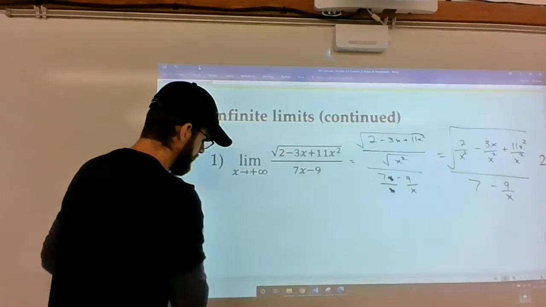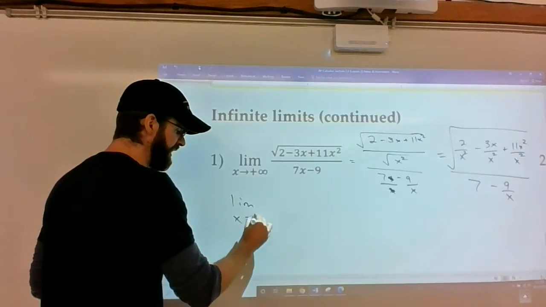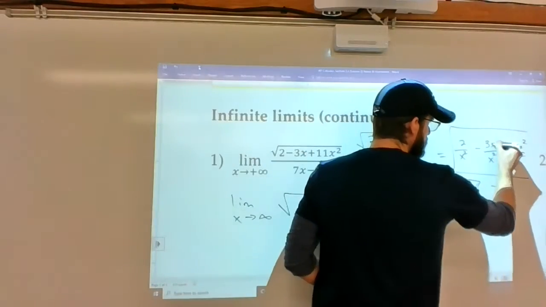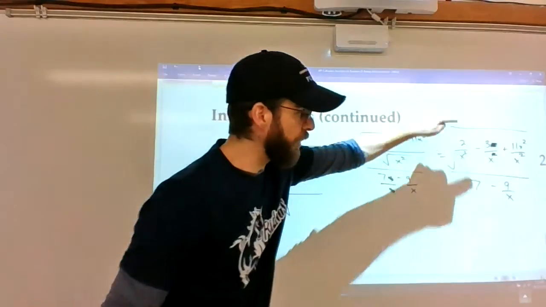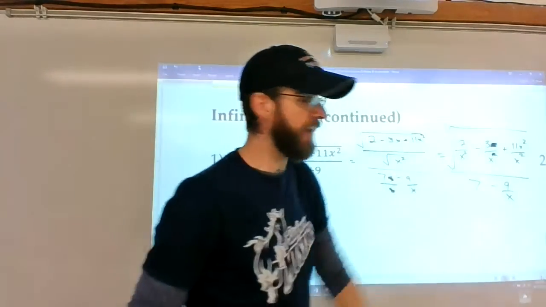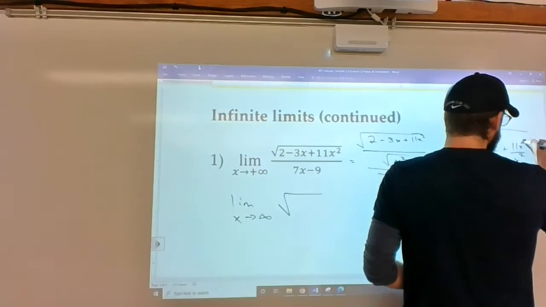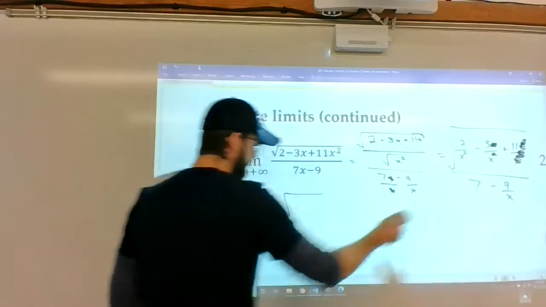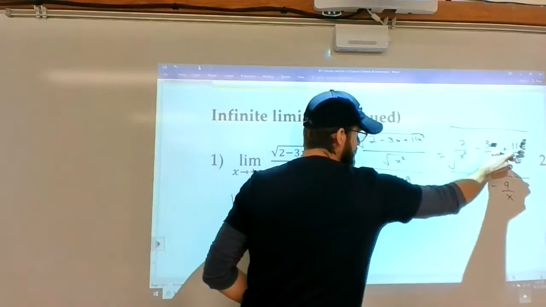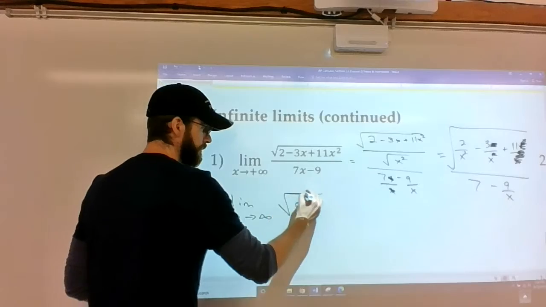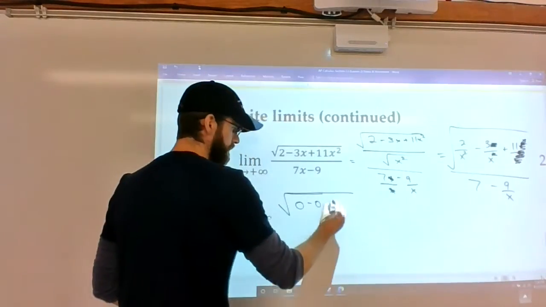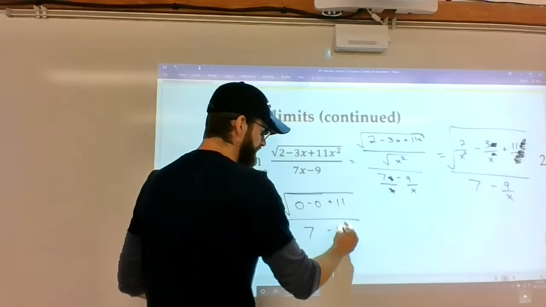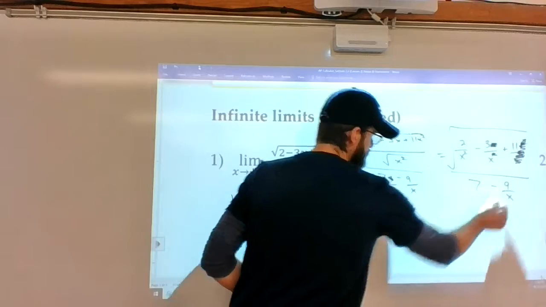Now, the limit as x approaches infinity of the square root of a constant over a power of x, a constant over a power of x plus a constant would be 0 minus 0 plus 11 over 7 minus 0.